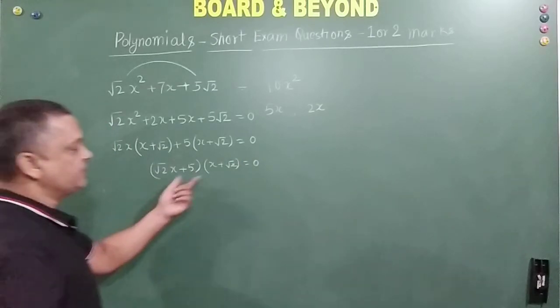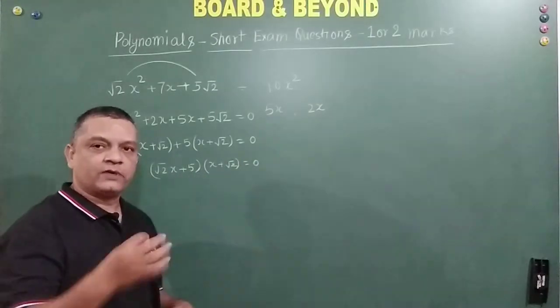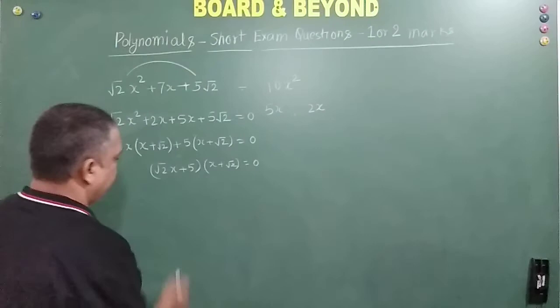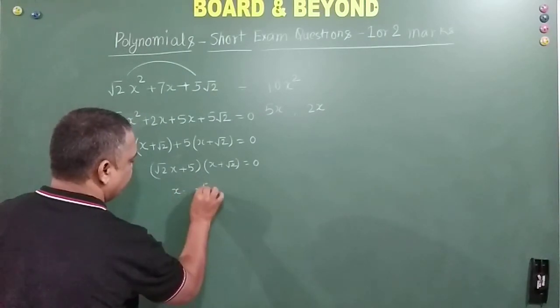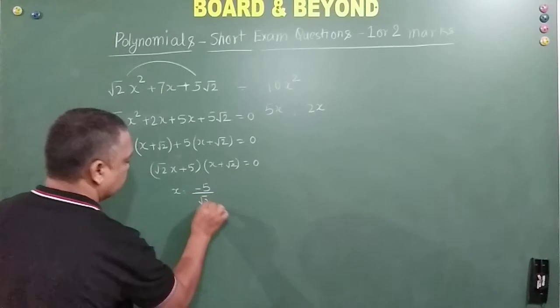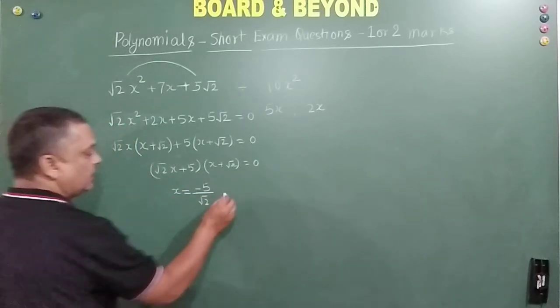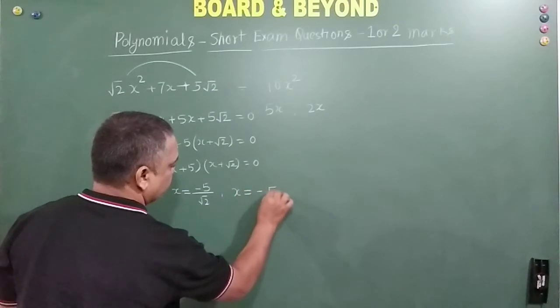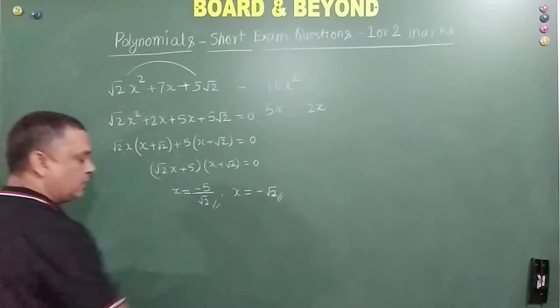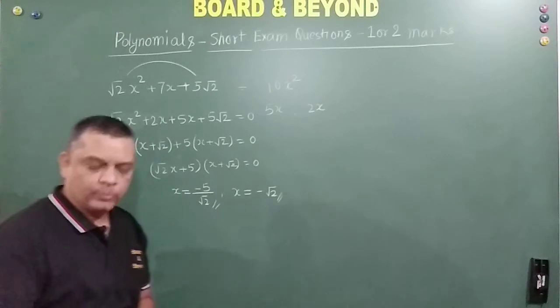Since the product of these is 0, equating them one by one to 0, we find the value of x. Equating this to 0, we get x is equal to minus 5 divided by root 2. And equating this to 0, x is equal to minus root 2. So these are the two roots for this quadratic polynomial.